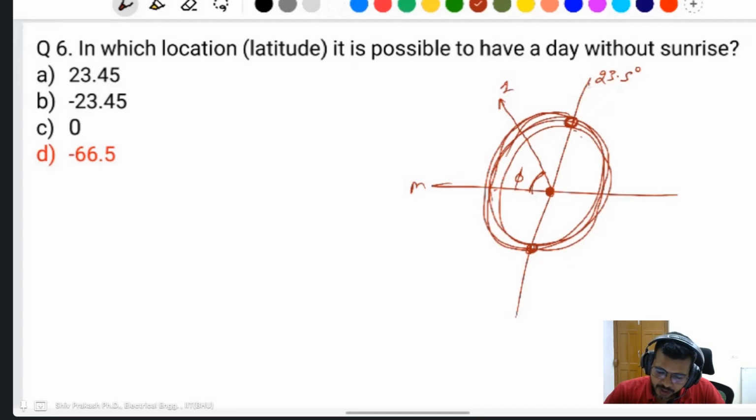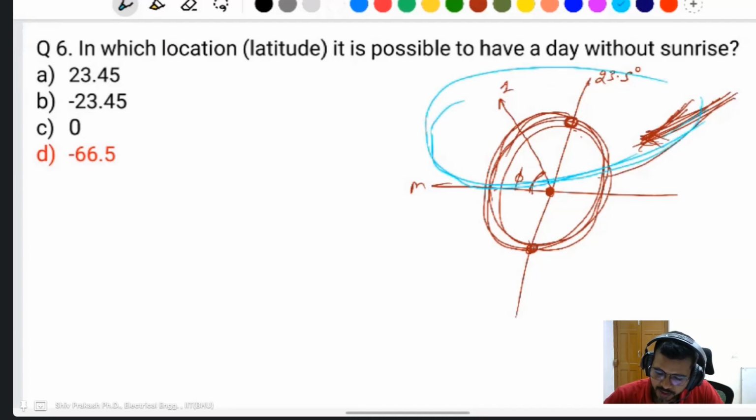That's why sunlight occurs from here. It will be like that. This one will be rotation. At that point, this will be the sun. This will not be a sunrise. At that point, this will be a negative portion.